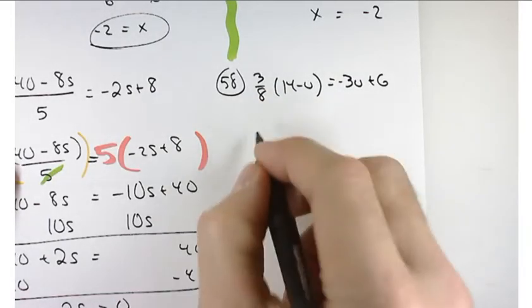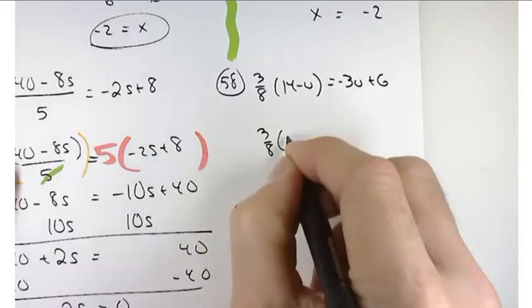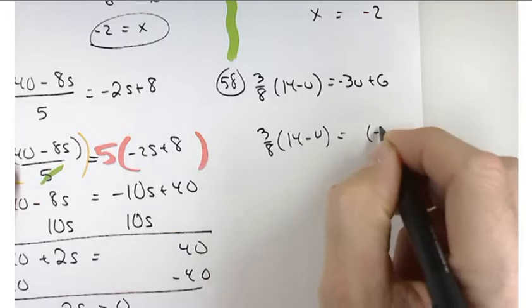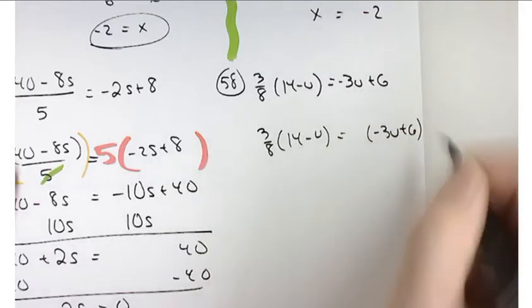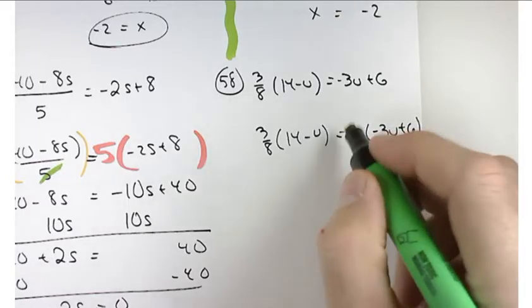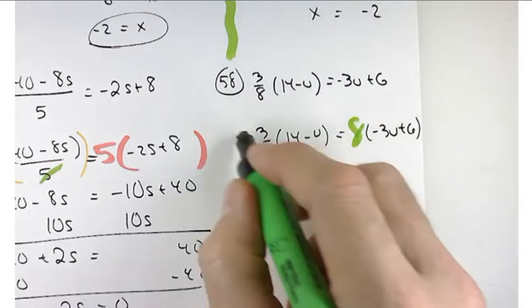So 3/8. So I'm going to multiply both sides by 8. So let's do that this way. So 8 here and 8 here.